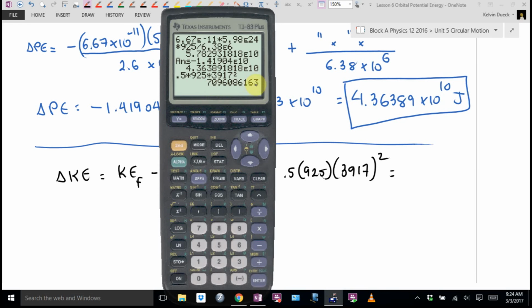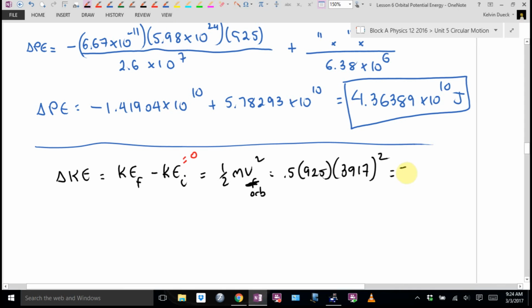Yes, sometimes it's a factor of 10 less. 7.096 times 10 to the 9th.